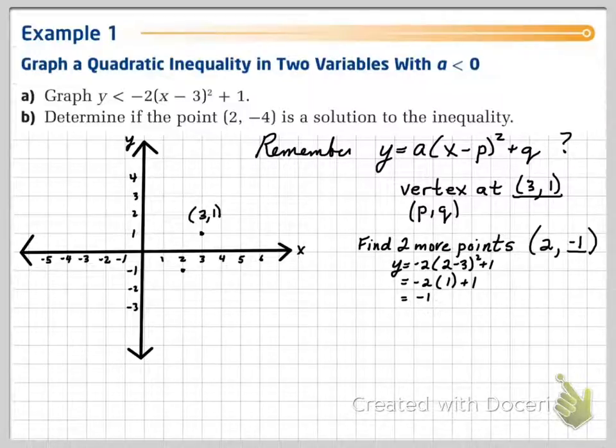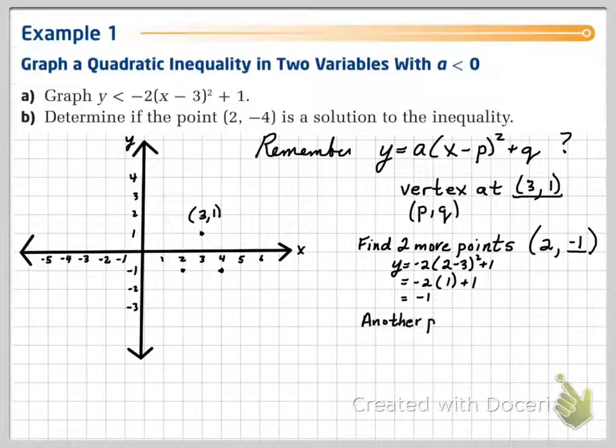Since this point is one off of our line of symmetry, x equals 3, I can say that the point (4, negative 1) must be another point on our graph, because it's the same distance away from our vertex.